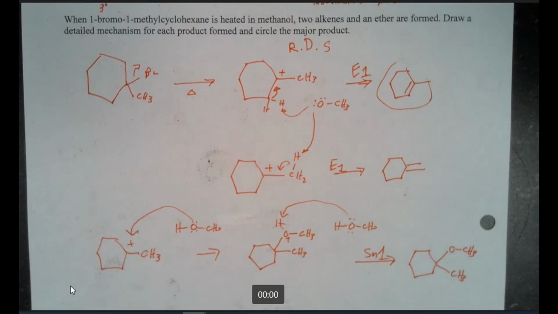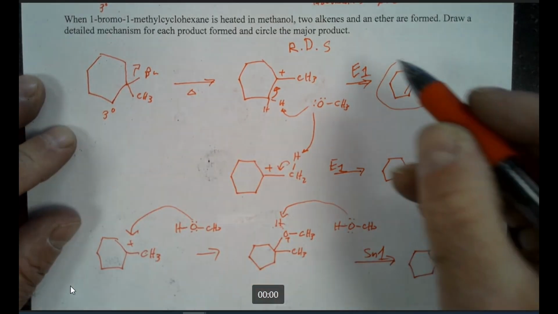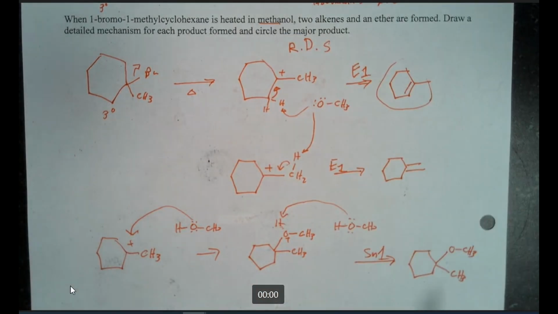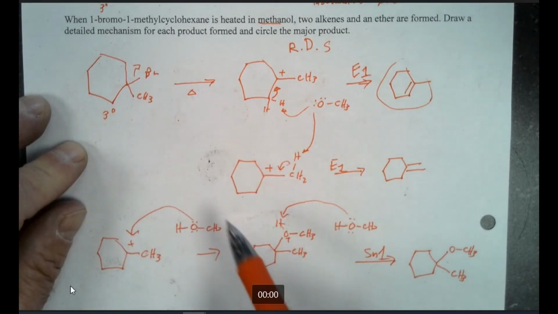When 1-bromo-1-methyl is heated in methanol, two alkenes and an ether are formed. Draw a detailed mechanism for each product formed and circle the major product. So we have a tertiary, and the methanol, that's a weak nucleophile. So it's going to be unimolecular kinetics. Bromide leaves.